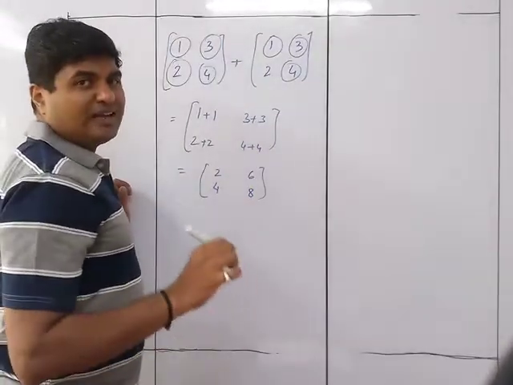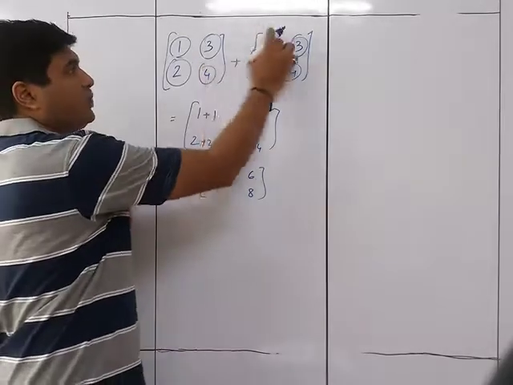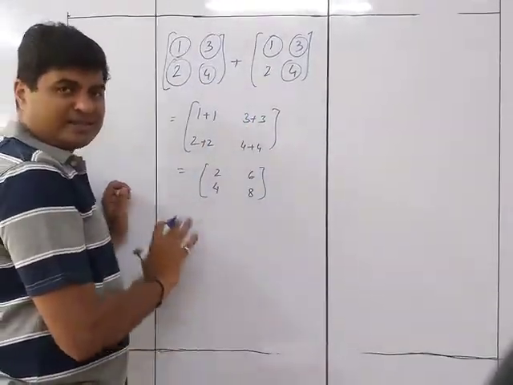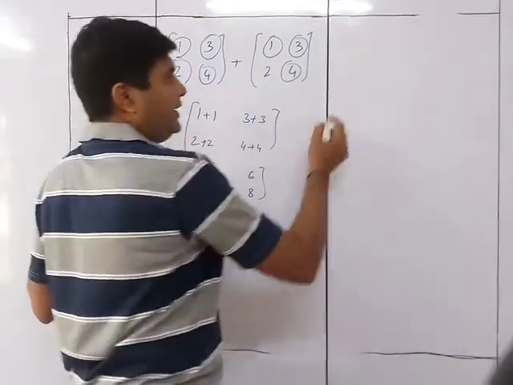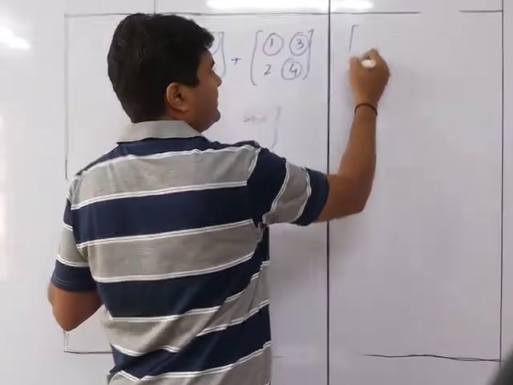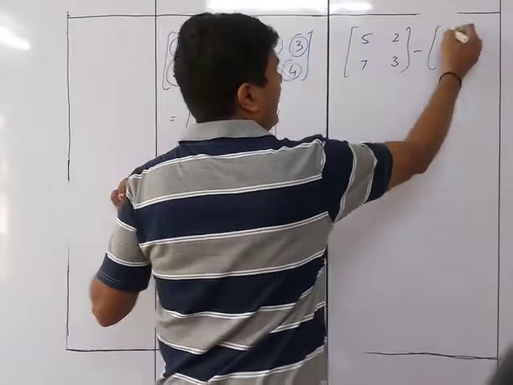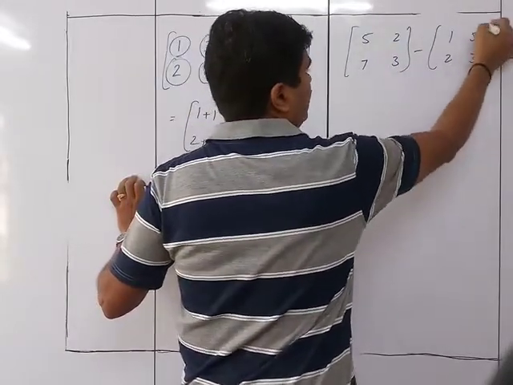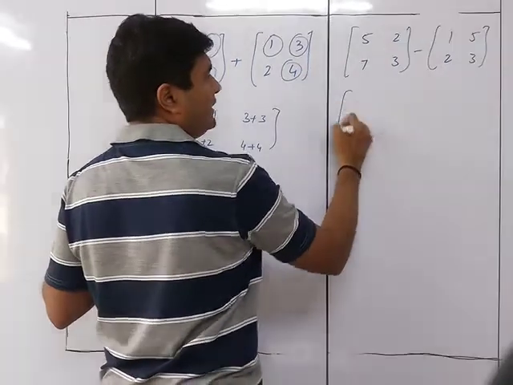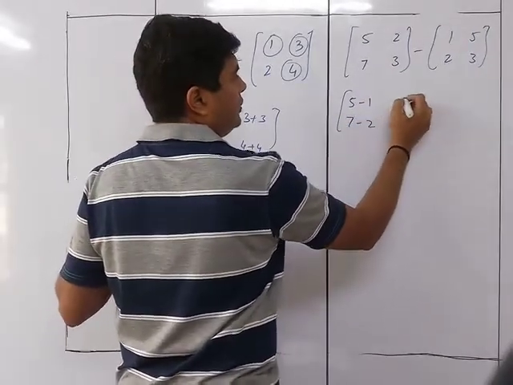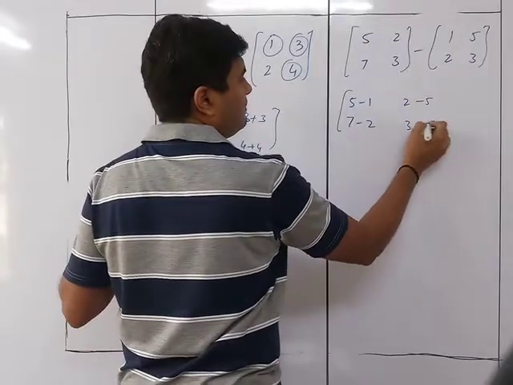Simple. You just add the corresponding elements with each other and frame the answer. That's it. If it is subtraction, suppose it is 5, 7, 2, 3 minus 1, 2, 5, 3. Then I just need to do 5 minus 1, 7 minus 2, 2 minus 5, 3 minus 3.